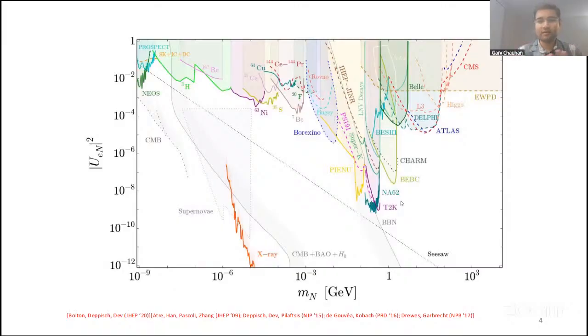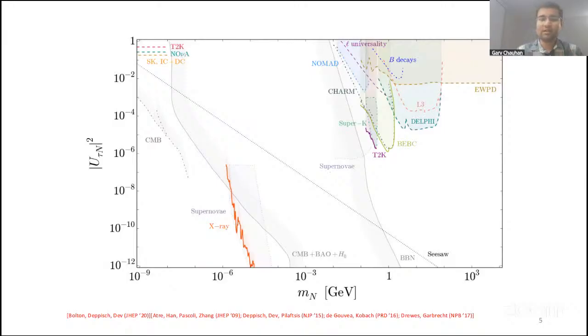So there is a variety of things that constrain the coupling to the electron type. As we go to higher masses, it's only the electroweak precision data that constrains our mixing angles. But if we go to the coupling with the tau type, we see that a lot of this parameter space is very empty.